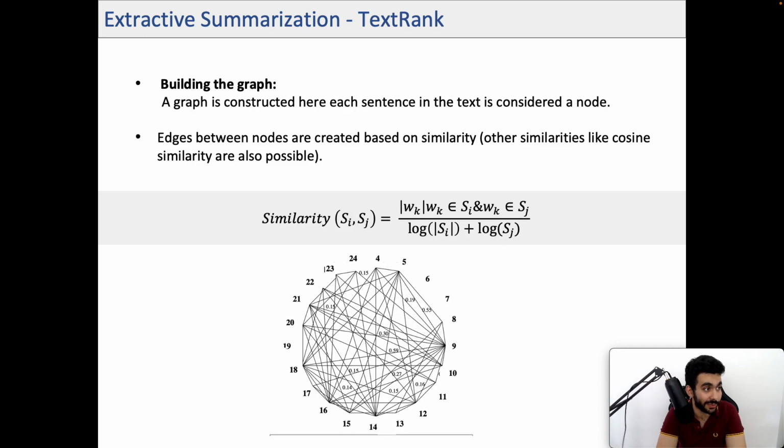And then build the graph, where each sentence in the text is considered a node, and the edges between the nodes are created based on the similarity. So here, the similarity is the count of the words which are within sentence I and sentence J, over the log of the count of sentence I and sentence J.